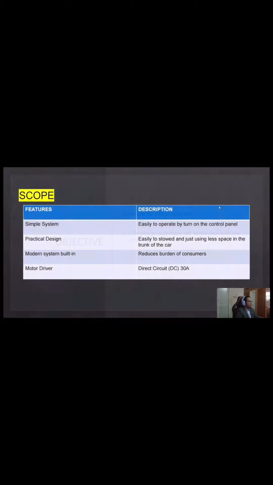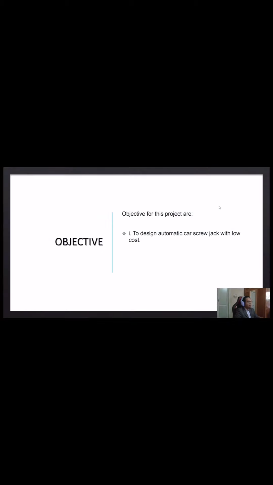Number four, hydraulic systems are more expensive. So the objective of this project is to design an automatic car screw jack at low cost.